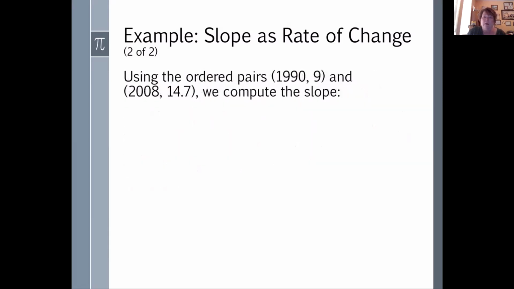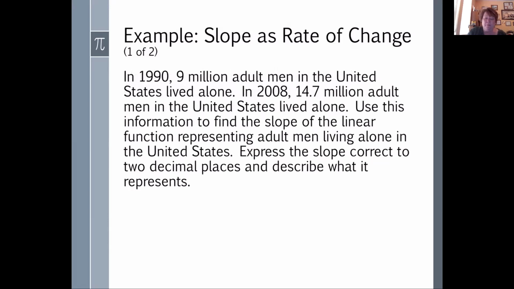Okay, so given our example, we have in 1990, 9 million adult men live alone. I'm going to use that as my first ordered pair. So my independent variable is going to be the year, because the population of adult men living alone is going to depend on what year we are in.